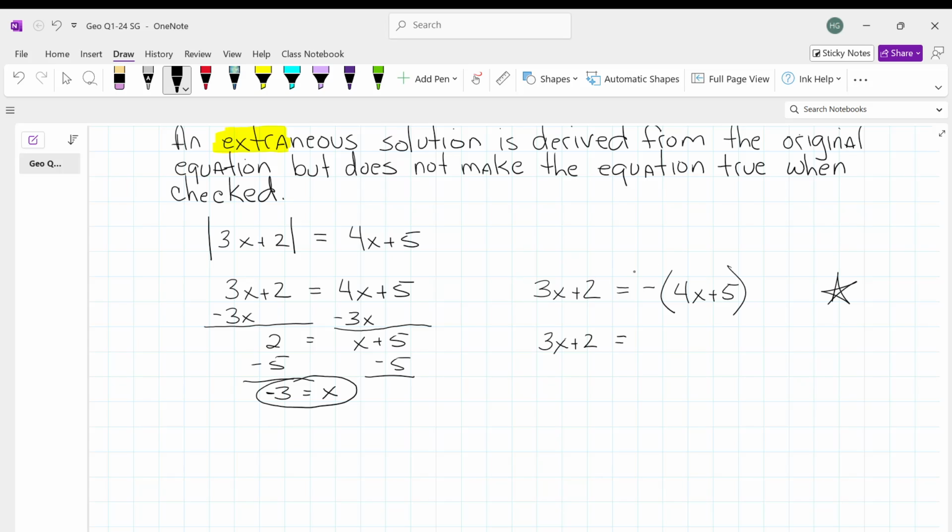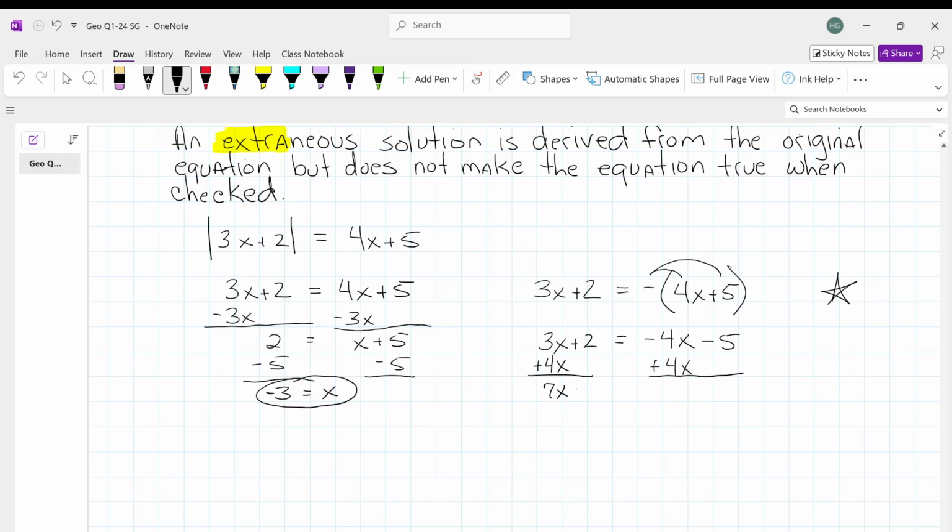In this second equation that we wrote, we have to distribute this negative. So our 3x plus 2 is equal to negative 4x minus 5. So I'm going to add 4x to each side.